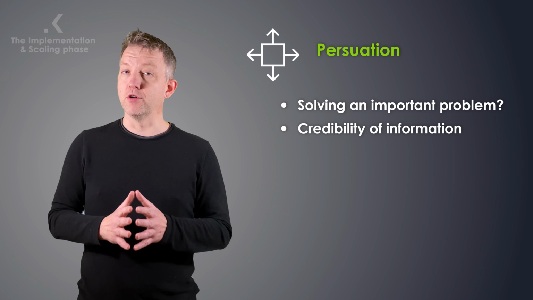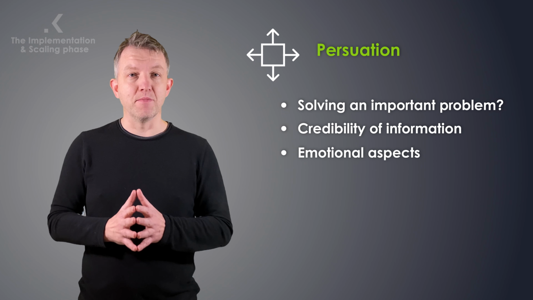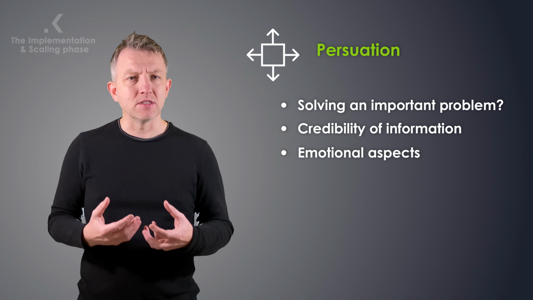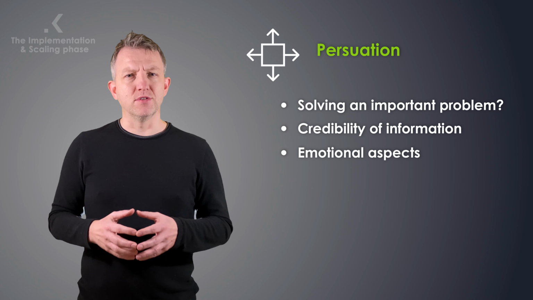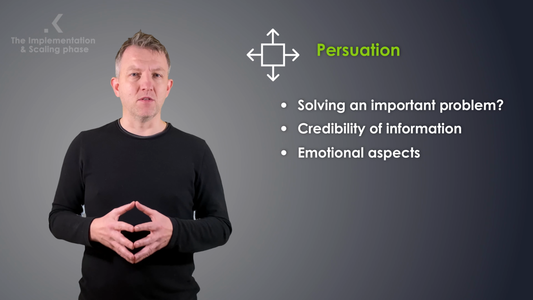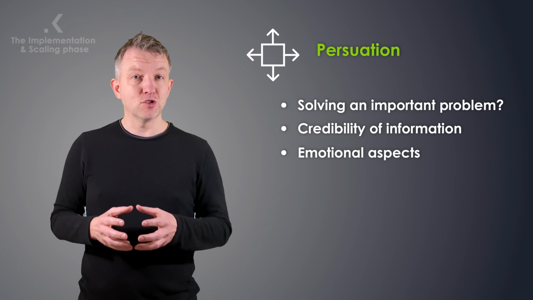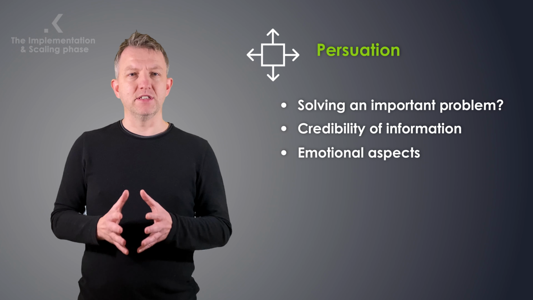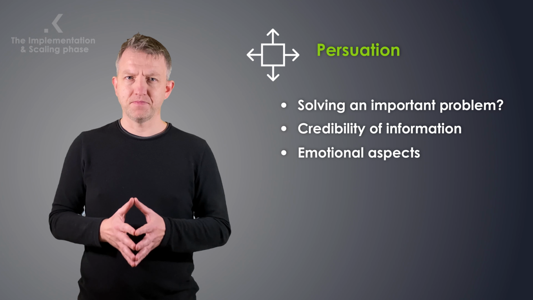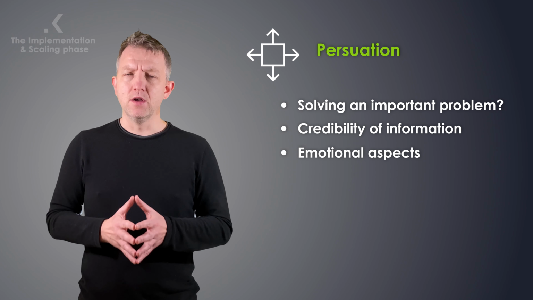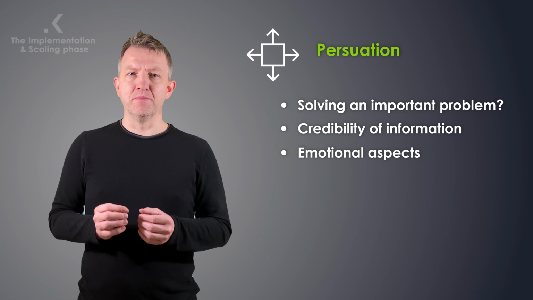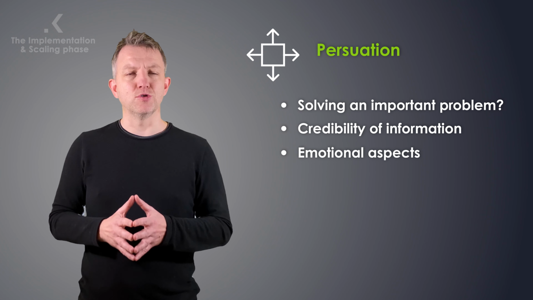And last, but in no way least, there are emotional and more invisible elements in play. They will consider how the solution will make them feel, if it will make them meet their functional needs, and how it will affect their status and prestige. All these combined will determine whether they will be persuaded to use your solution or not.